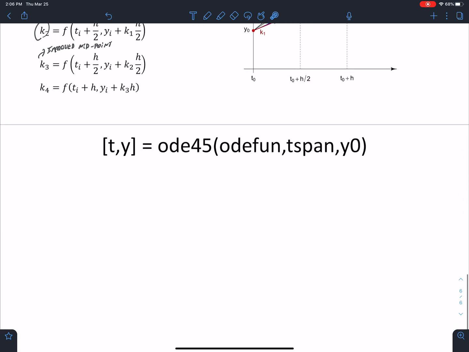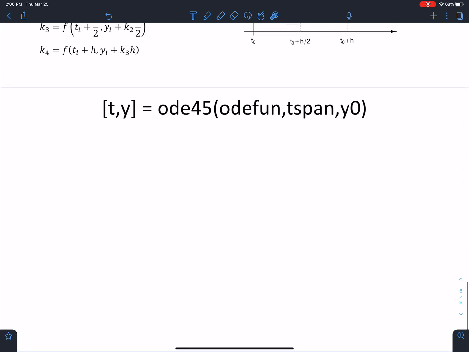So how do we do this in MATLAB? Here is the syntax for the famous MATLAB function. It's called ODE 4.5. We'll explain 4.5 in a second in a subsequent video. But for now, let's just look at what these are, right? So the t here will be our independent variable.